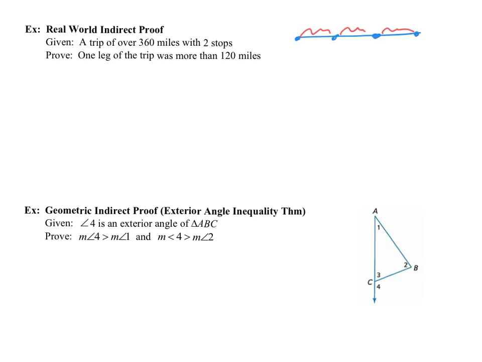So assuming that a trip of over 360 miles has 2 stops, let's prove that one leg of the trip had to be more than 120. To prove this indirectly, step 1, remember, is to assume the negation of the proof statement. Our proof statement is that one leg of the trip was more than 120 miles. To negate that, we would say that one leg of the trip was not more than 120 miles.